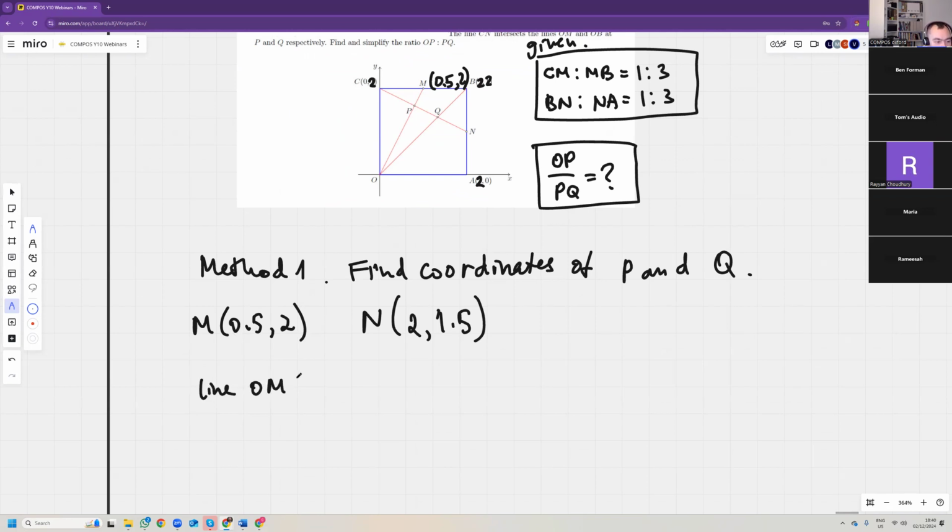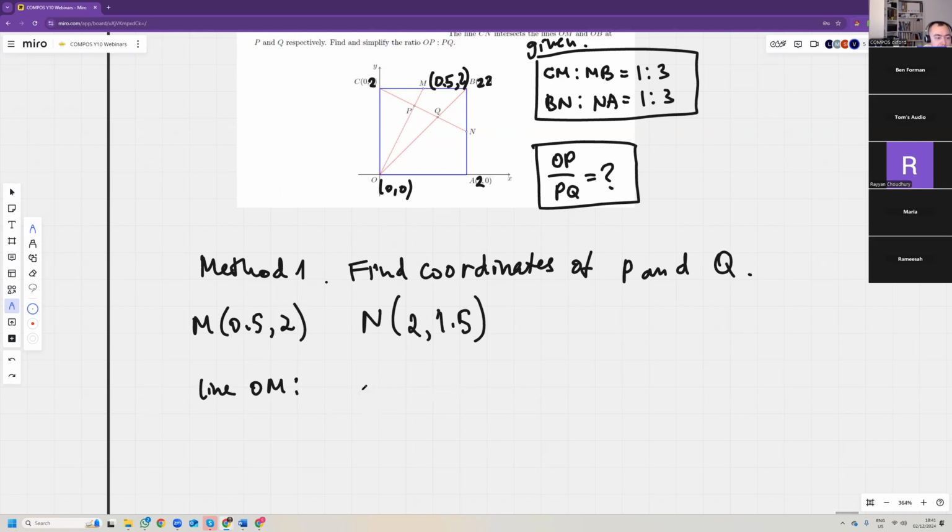Line OM goes through 0, 0. So all you need is to find the gradient, because it's y equals mx plus c, where c is 0.